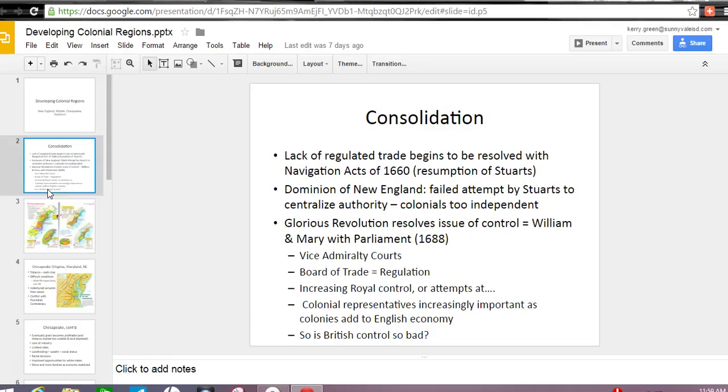So the process of the Glorious Revolution is this peaceful takeover by Parliament, and a peaceful redesigning of how the English crown operates within English government. And so this is really the beginning of decentralizing the power of the crown.